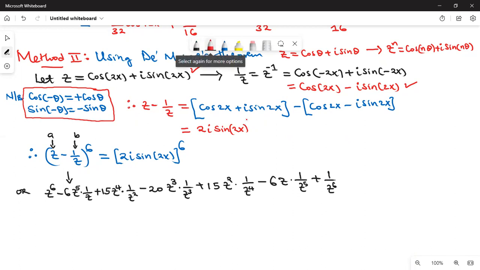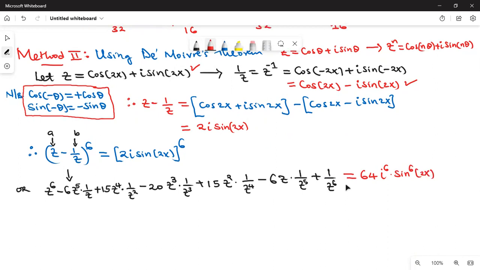So the right-hand side is 2 raised to 6, which is 64, then i raised to 6, then times sine raised to 6 of 2x. But we said i raised to 6 is the same as negative 1.